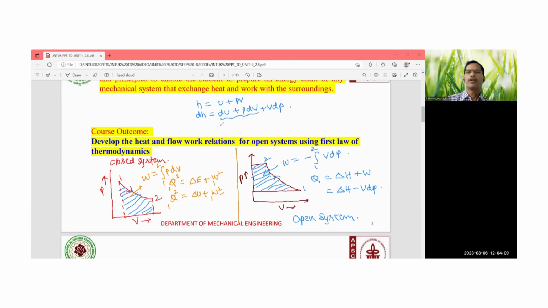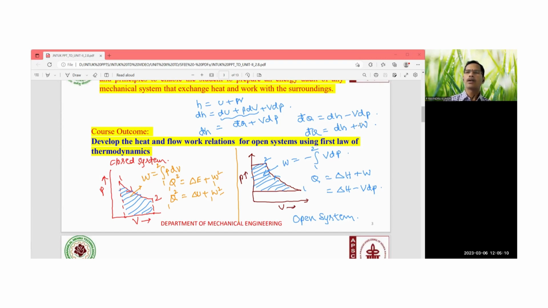Here dU plus PdV is equal to d bar Q plus VdP, which is dH. So d bar Q is equal to dH minus VdP, and d bar Q is equal to dH plus w. Don't forget the d bar, since these are path functions.